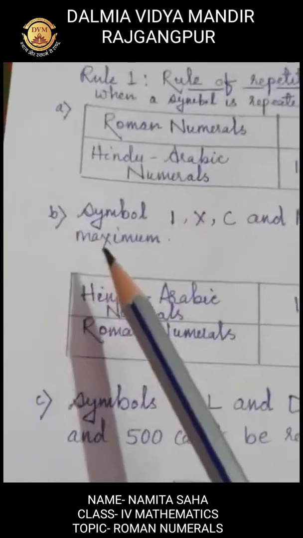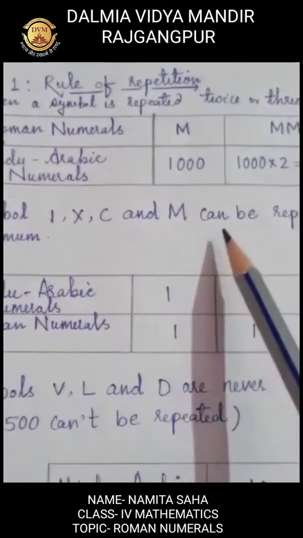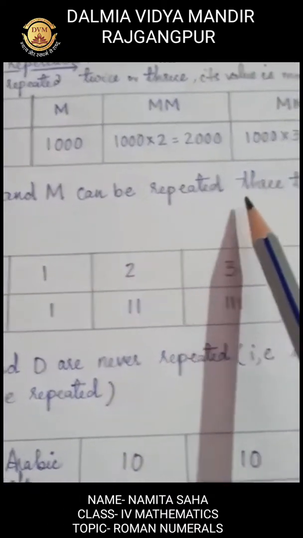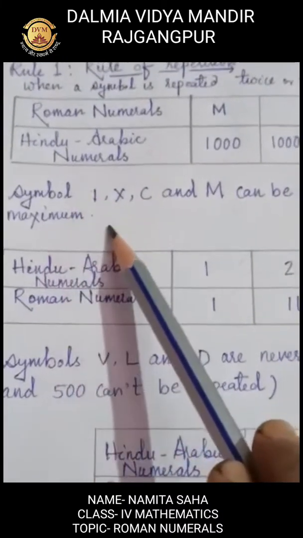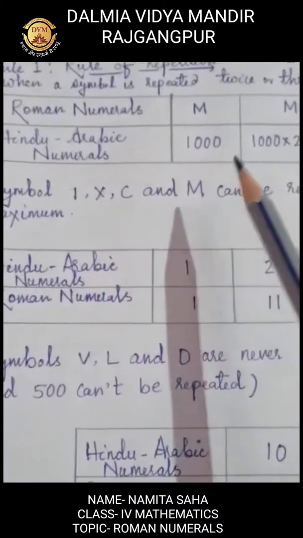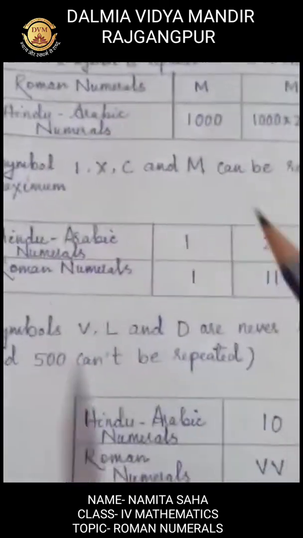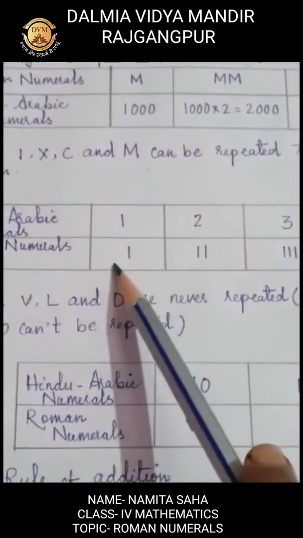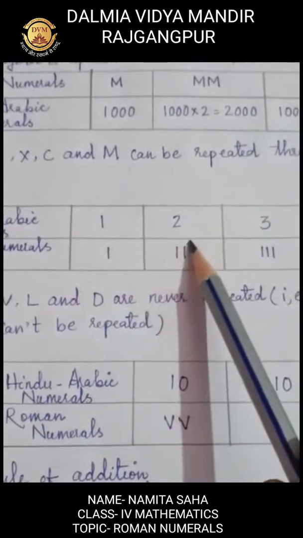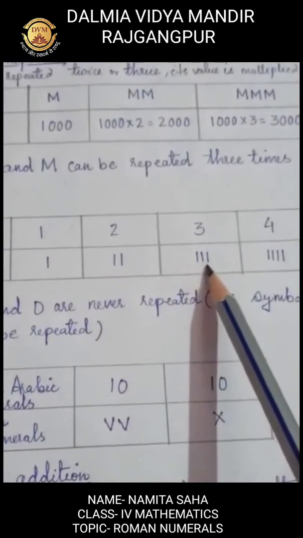The next point: symbols I, X, C and M can be repeated 3 times at maximum. It means these 4 symbols cannot be used more than 3 times. In this chart you can see that 1 has the symbol I, 2 can be written as II and 3 can be written as III.